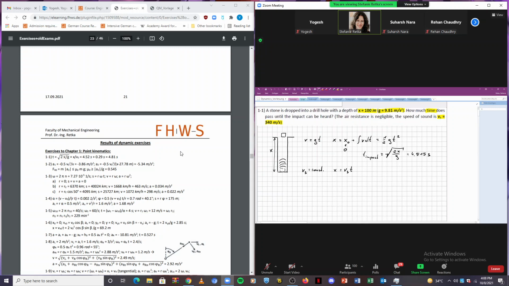Now, again, the sound wave has to travel 100 meters. We can rearrange for the time and obtain 0.294 seconds.